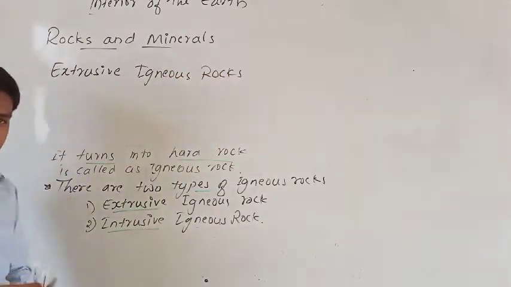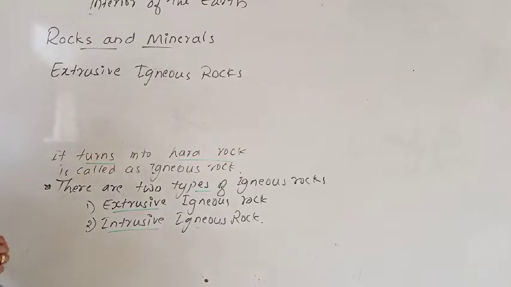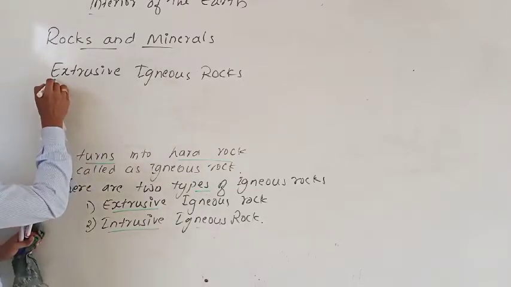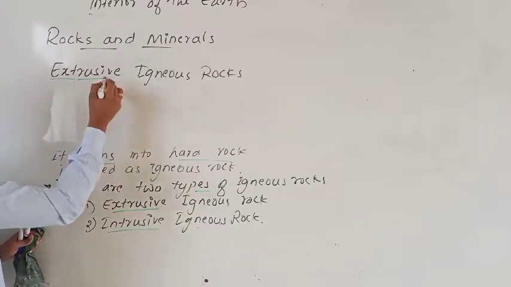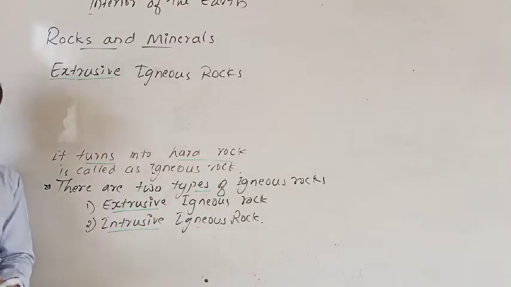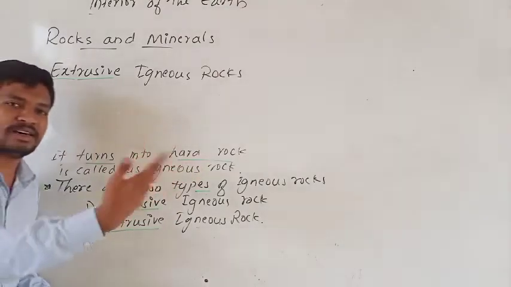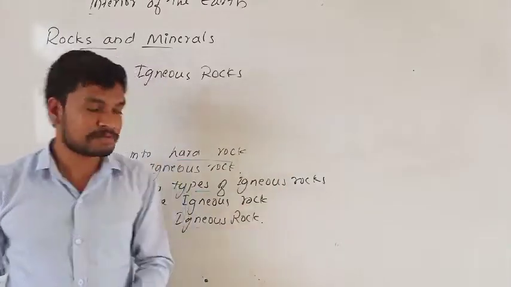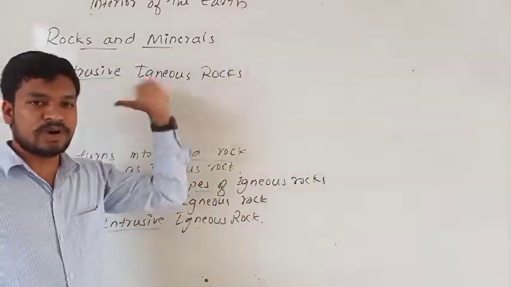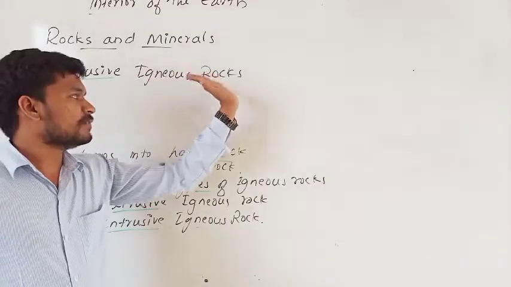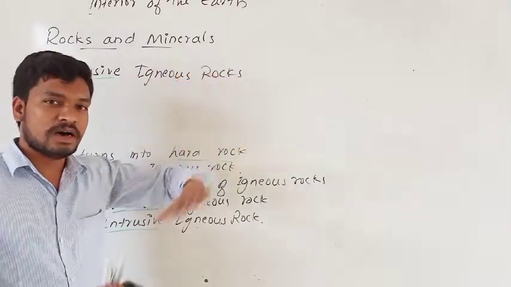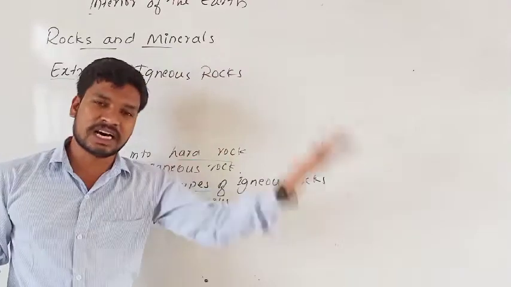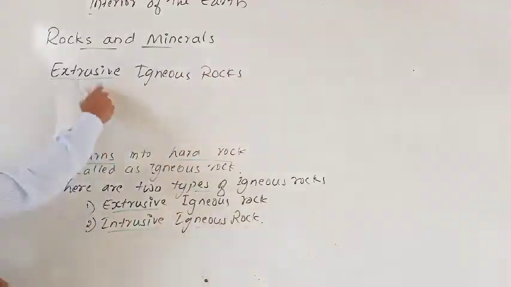Extrusive, the X means outside. The rock gets formed on the surface of Earth. The igneous rocks which are found on the surface of Earth. Otherwise, the formation of igneous rock over the surface or on the Earth's surface is extrusive rock.